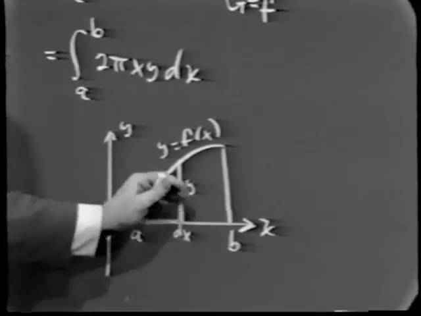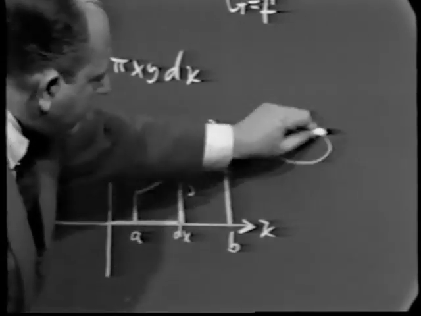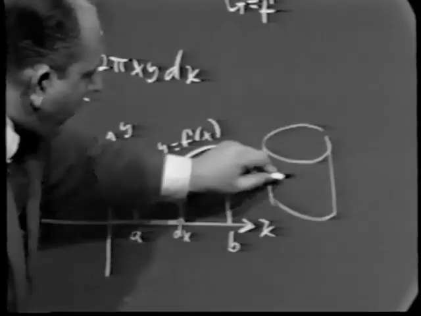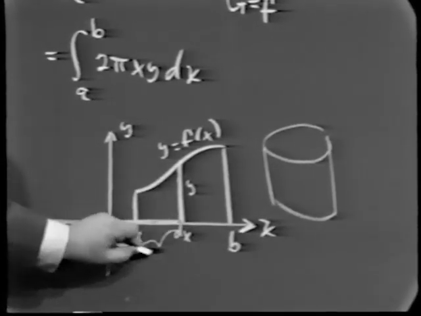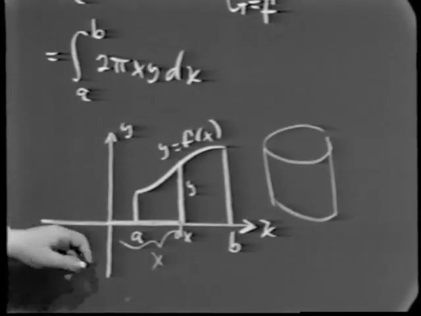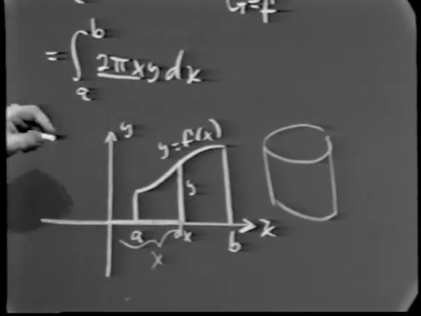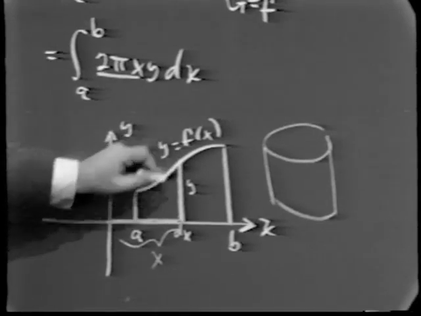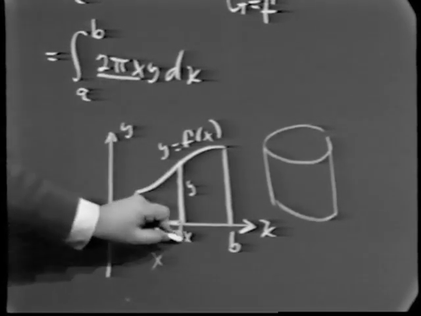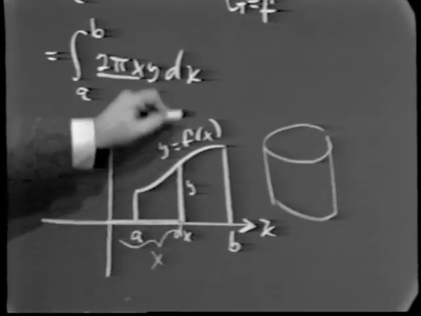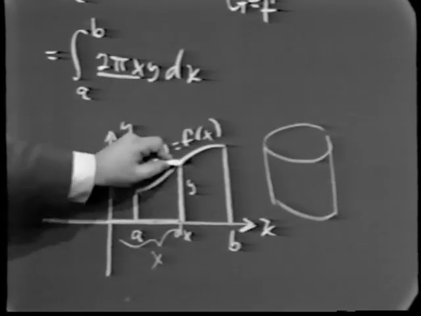Well, when you unroll this thing, the radius is x, so the circumference, when you unroll it, will be 2 pi x. The height is y, so the cross-sectional area is 2 pi xy, and the thickness is dx. So if I multiply that by dx, that gives me the volume generated by this piece.